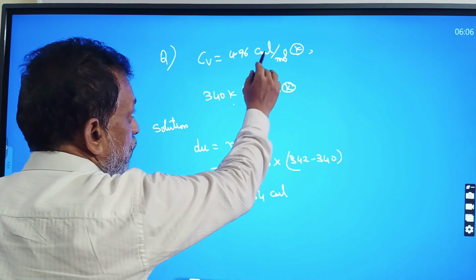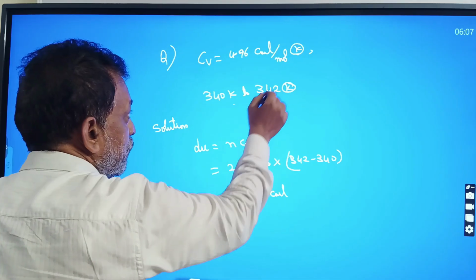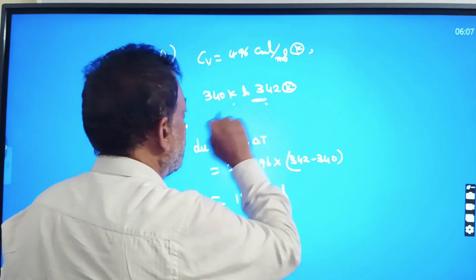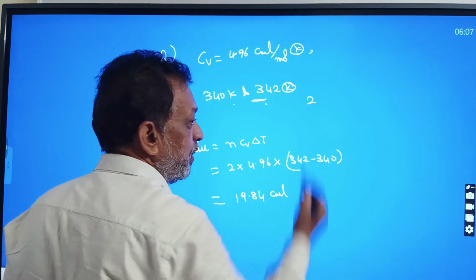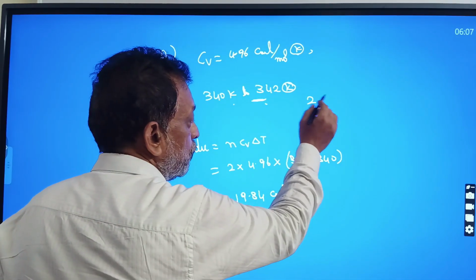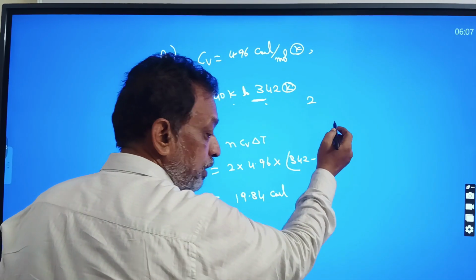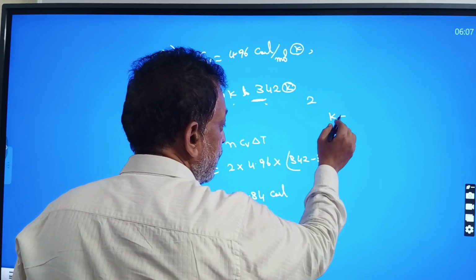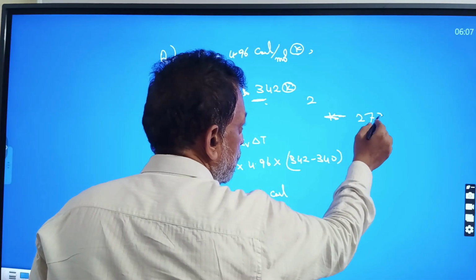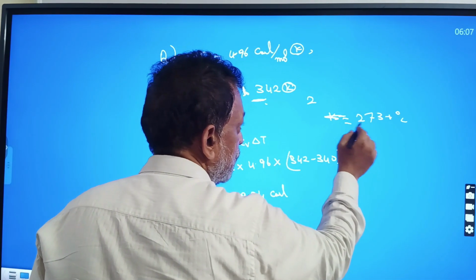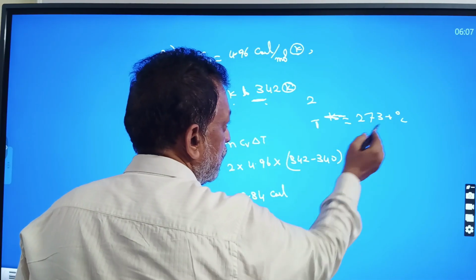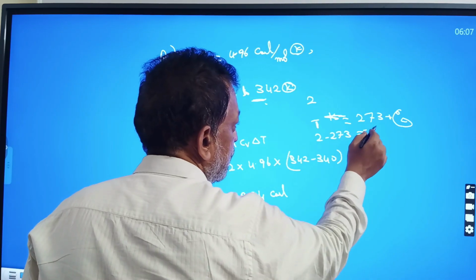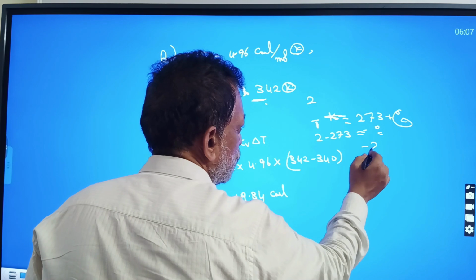If they had given calorie per mole degree centigrade, you would have to convert Kelvin to degree centigrade. What is the difference, 2 Kelvin? So 2 Kelvin is equal to how many degrees centigrade? The conversion is K equals degree centigrade plus 273, absolute Kelvin. If we want degree centigrade, then 2 minus 273 gives minus 271.